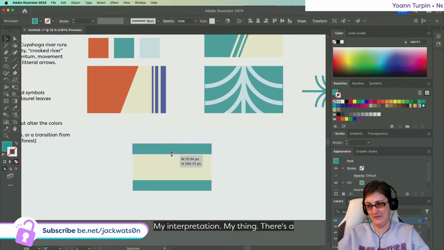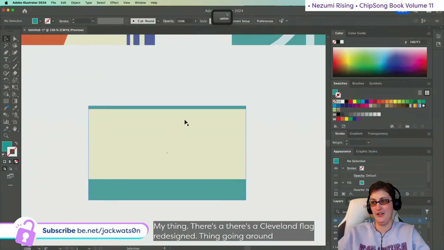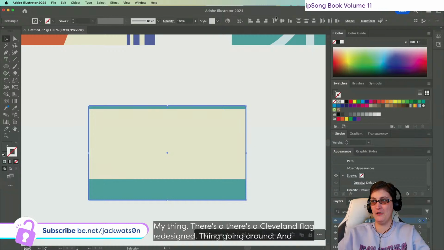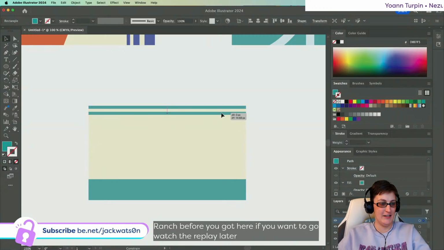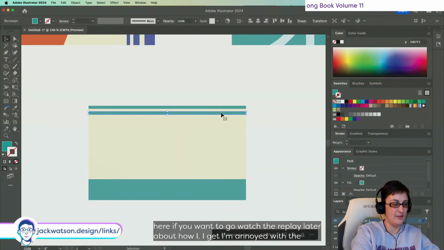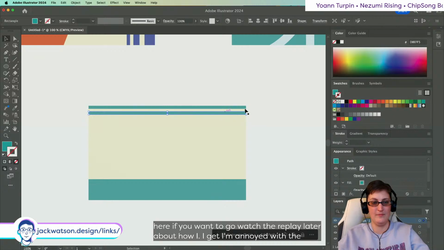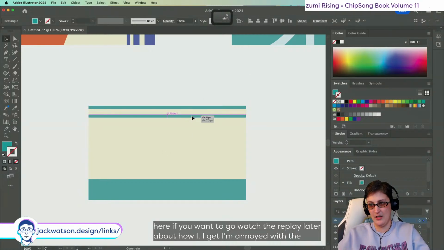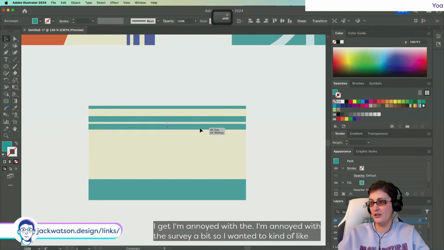There's a Cleveland flag redesign thing going around, and I went on a whole rant before you got here, if you want to go watch the replay later. I'm annoyed with the survey a bit, so I wanted to do my own variation on it.